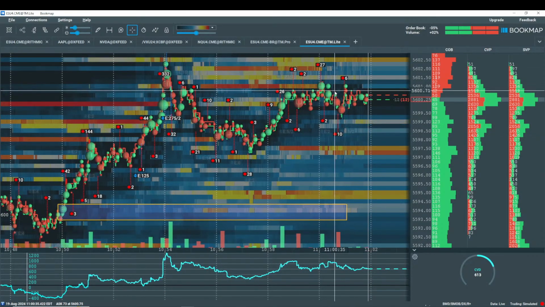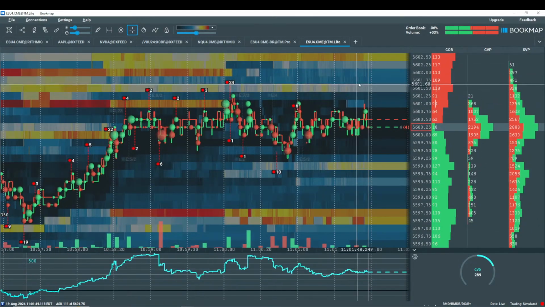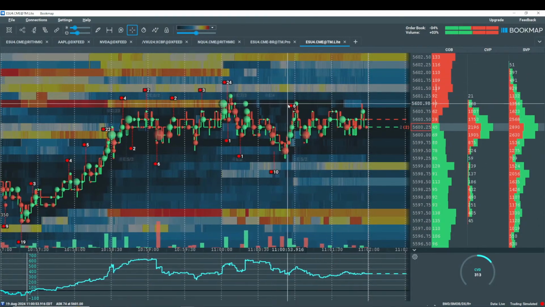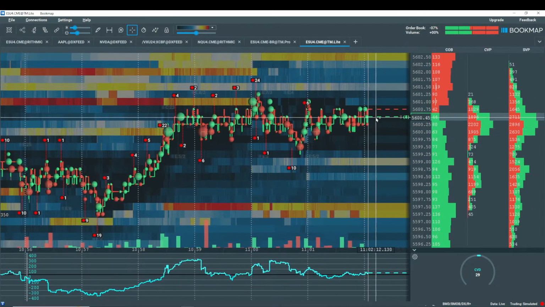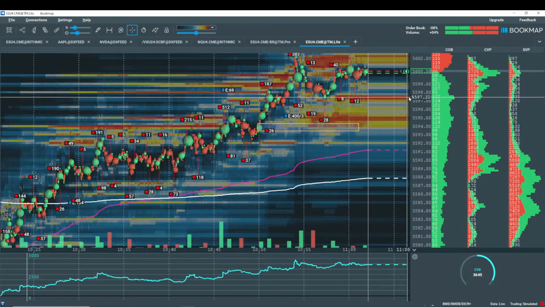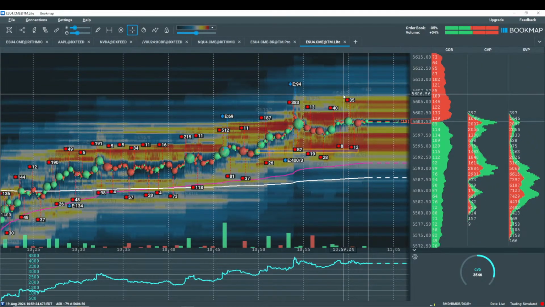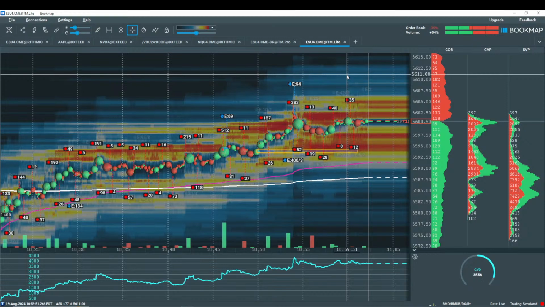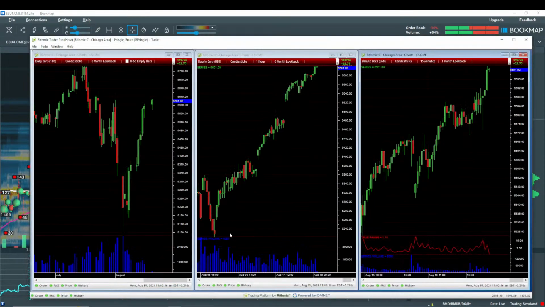Just not seeing anything really great. I'm going to jump back again here, look at our bigger picture. Yeah, you can see just kind of hovering here.